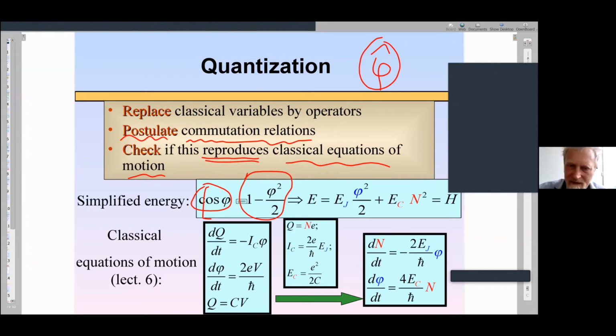So I have a simpler energy, only quadratic terms. That's going to be the energy, that's going to be the Hamiltonian. Next step, I'm going to derive classical equations of motion in the system. Just keep with me, there are several steps, but all of them are simple.